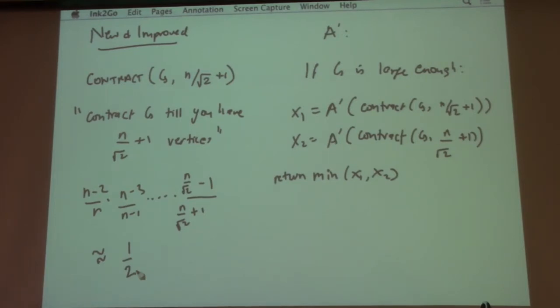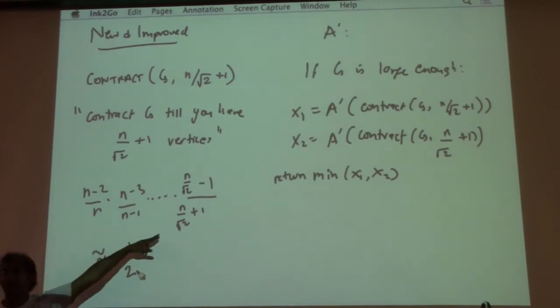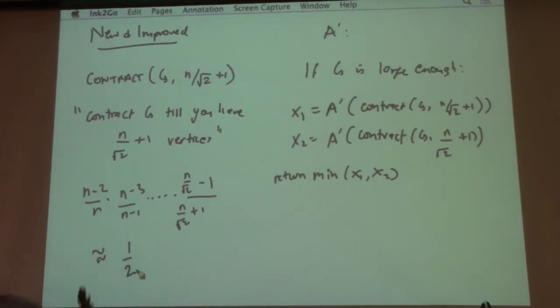If you think of 1 over n squared, which is a tiny number, this is a huge number. And that's, by the way, why we chose this weird parameter. You want to get some nice number. So the idea is that you run the contract algorithm as long as your probability of success is reasonably large. Okay? Namely half.